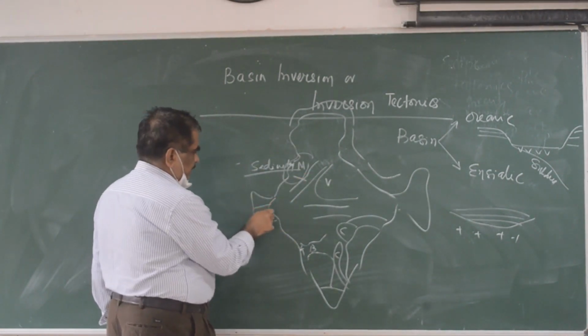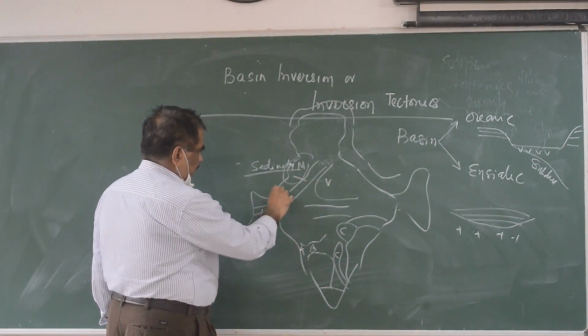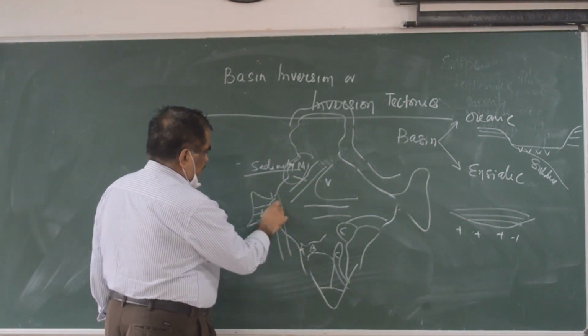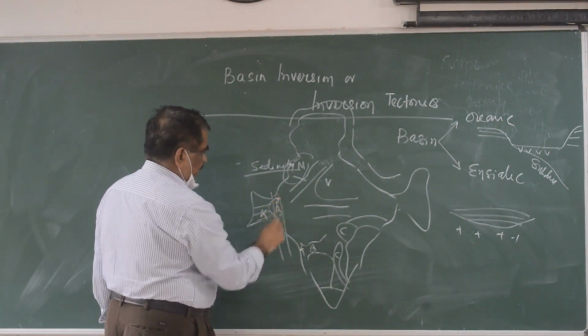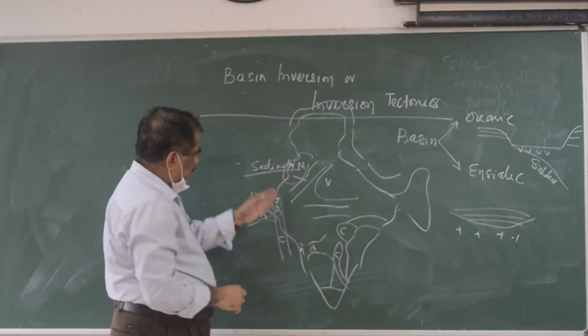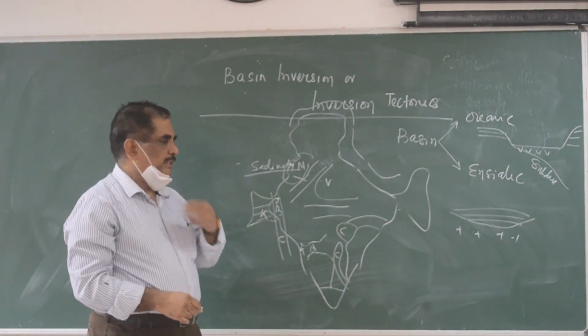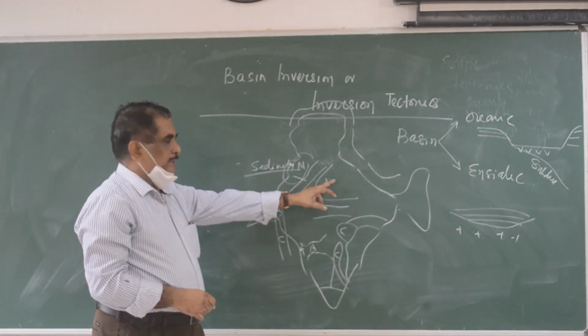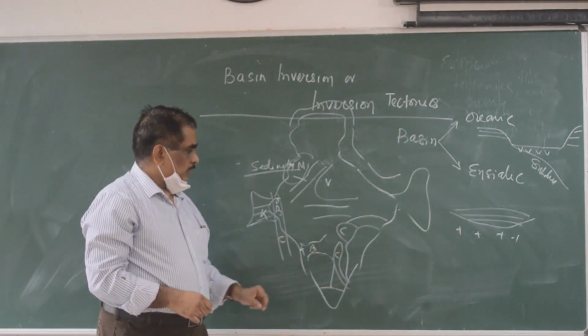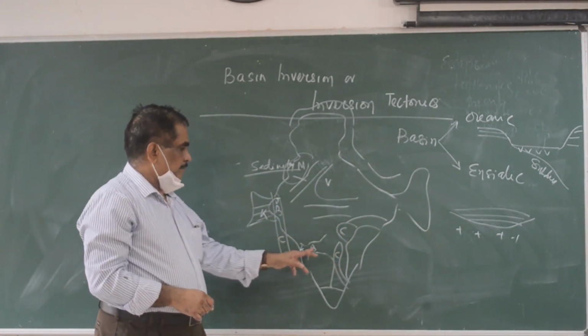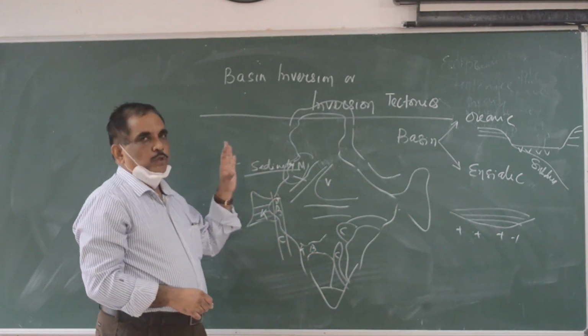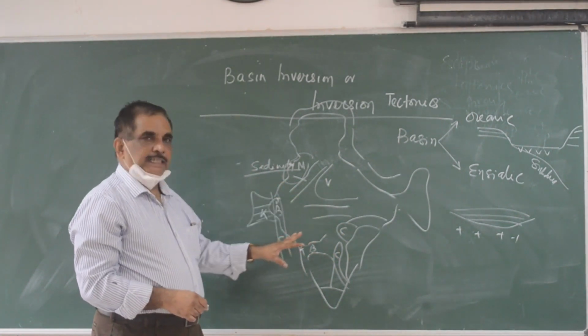And you have basins in Kutch, Barmer, Jaisalmer, Cambay. So these are also basins where sediments are deposited. So these are Proterozoic basins: Vindhyas, Chhattisgarh, Cuddapah, Bhima, Kaladgi. These are mostly ensialic basins.